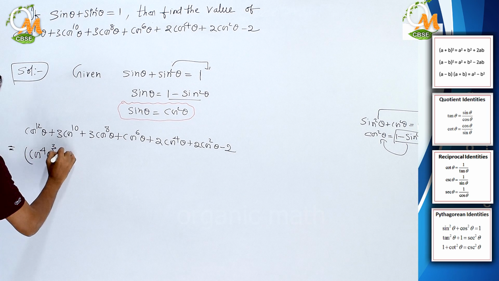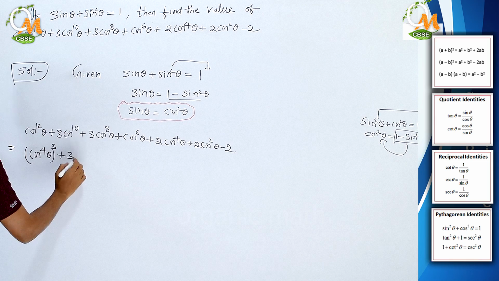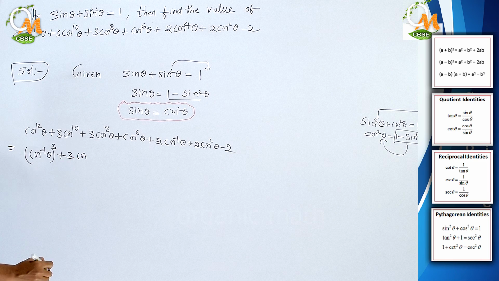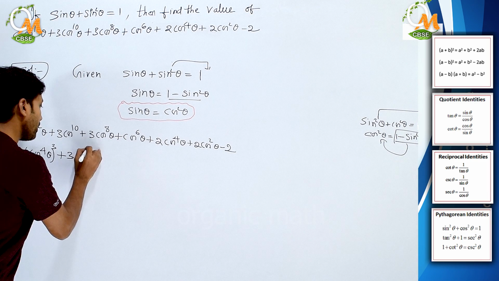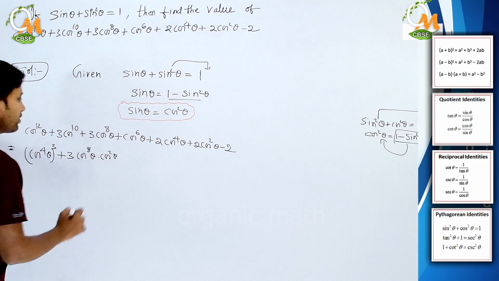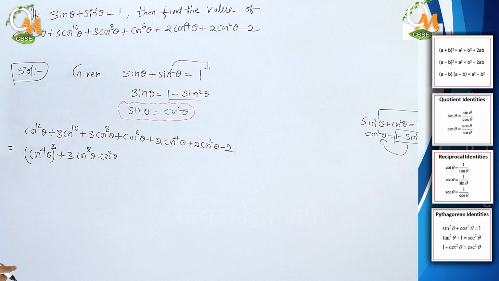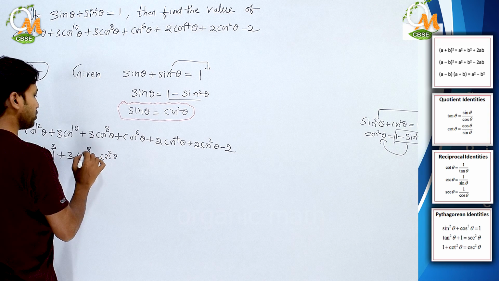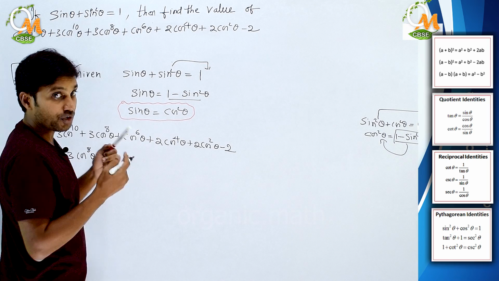Plus 3 into, here also I want to do some small rearrangement. cos^10 θ I want to write as cos^8 θ into cos² θ. Can we split it like this? Yes, because when you multiply these two, cos² into cos^8 will be cos^10.